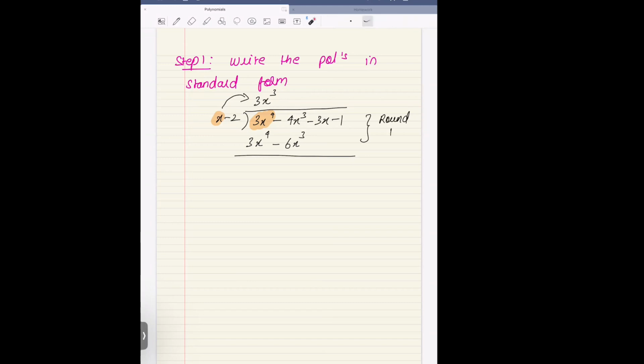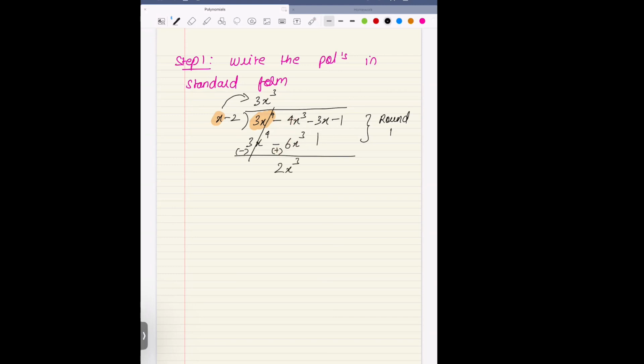Now subtract it. When you subtract, change the sign of your bottom row and then add it. Addition is always easier than subtraction. So the 3x to the power 4 and 3x to the power 4 will get cancelled. Minus 4x cube and plus 6x cube will give you 2x cube.